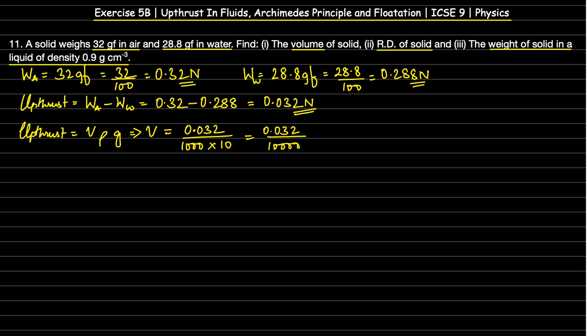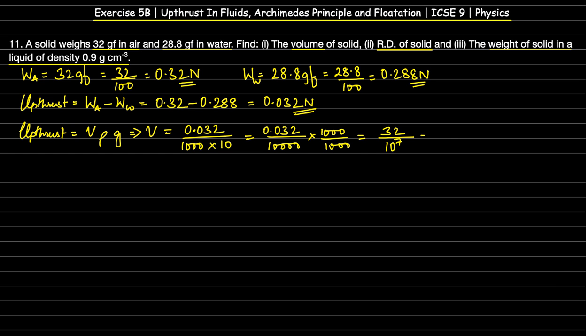Now that we have got this, we'll multiply numerator and denominator by 1000 so that decimals are not there. So we get this as 32 divided by, we have 1, 2, 3, 4, 5, 6, 7 zeros in the denominator. So divided by 10 to the power of 7.